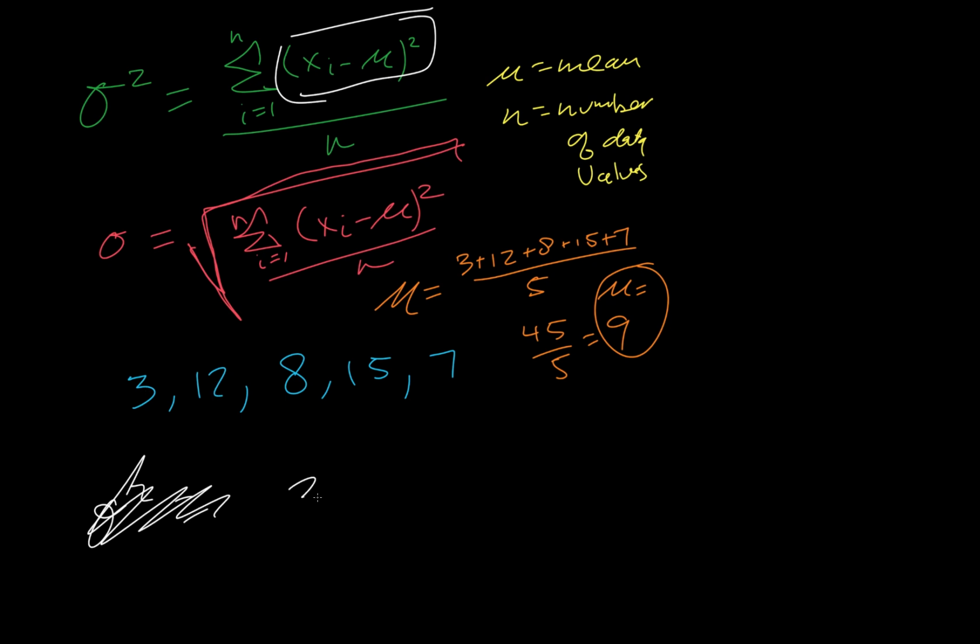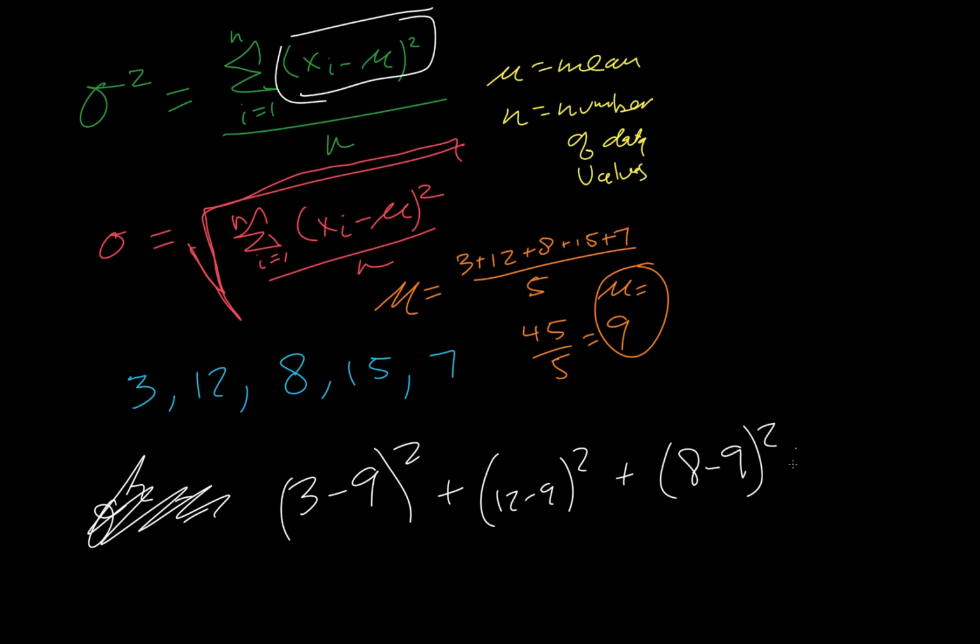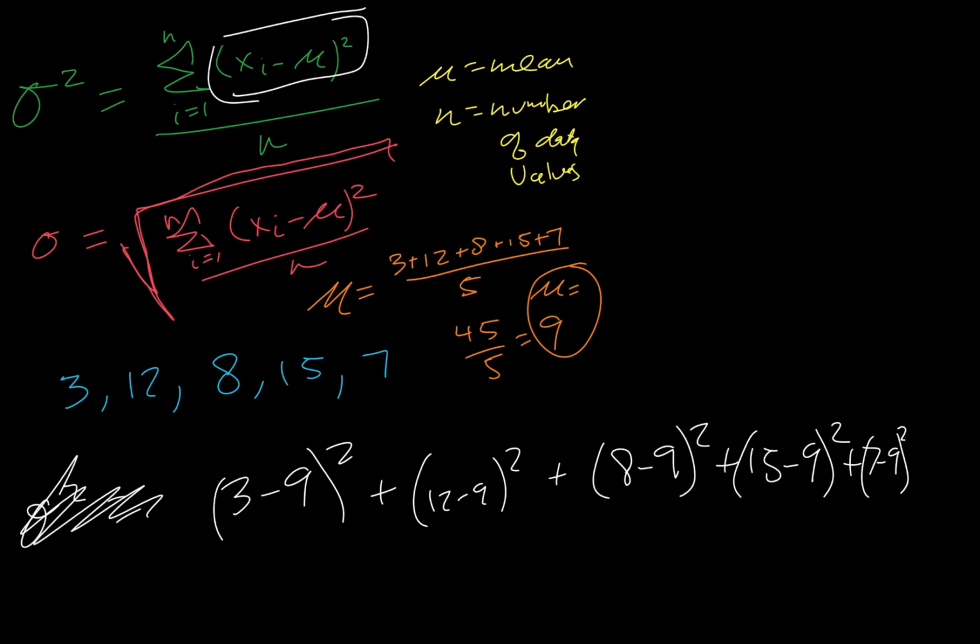So we're just going to say 3 minus 9 squared. And then this symbol means to add it together. So I'm going to put a plus sign. And then we get 12 minus 9 squared. Then 8 minus 9 squared. 15 minus 9 squared. And then 7 minus 9 squared.